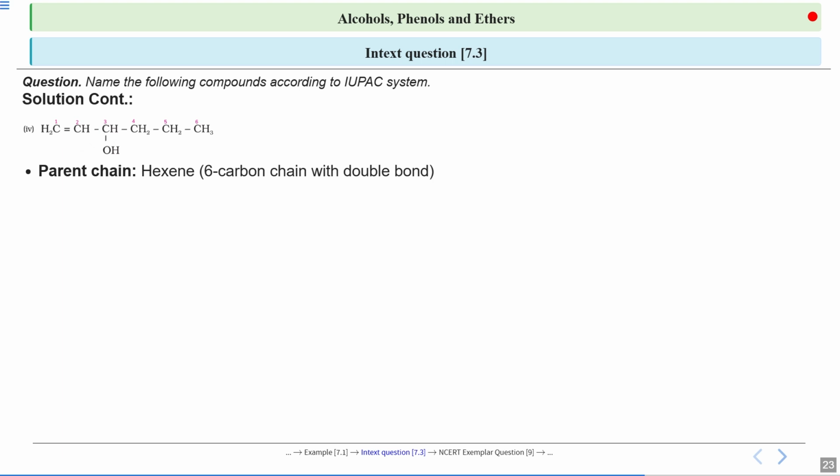So the parent chain here is hexene because it is a 6-carbon chain with a double bond. At the third position, we have a hydroxy group attached. So the IUPAC name will be hex-1-en-3-ol. Hex-1-ene because at the first carbon we have the double bond. We have to write the lowest double bonded carbon number in the name. So hex-1-en-3-ol.